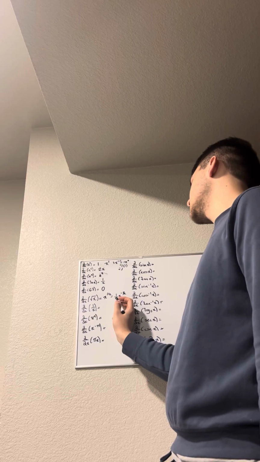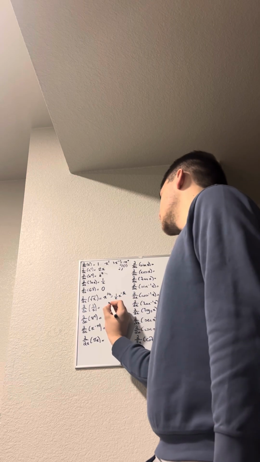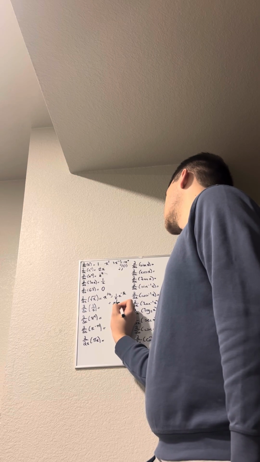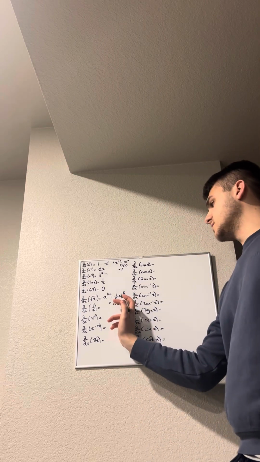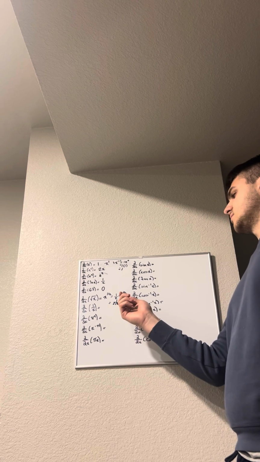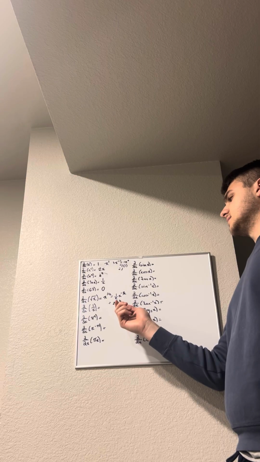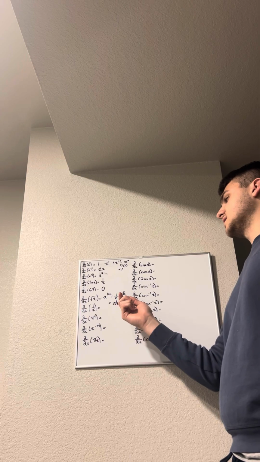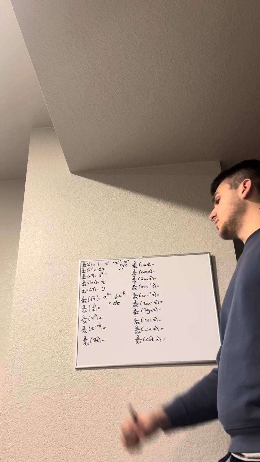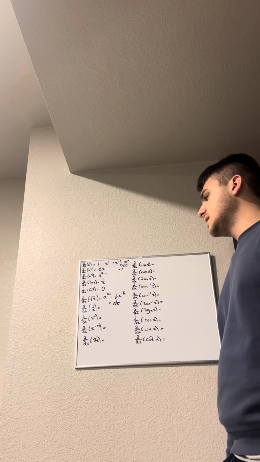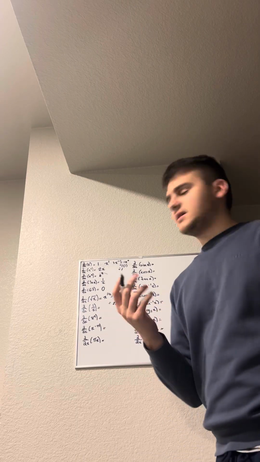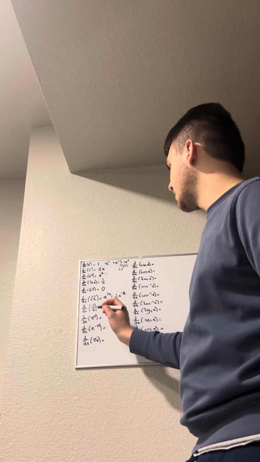So 1/2 times x to the power of negative 1/2, which in turn should just give you 1 over 2 times the square root of x, because since the square root can be defined by the power of 1/2, you can just rewrite it as the square root of x. And since the exponent is negative and you have a fraction, you want to move it into the denominator as a result.